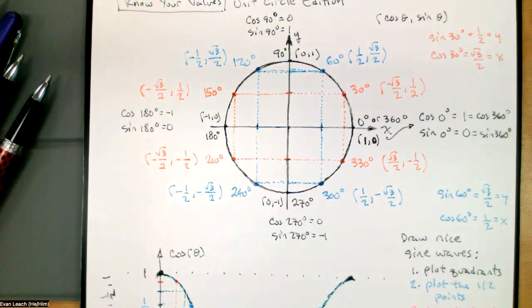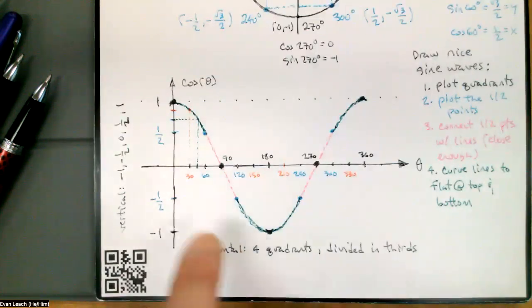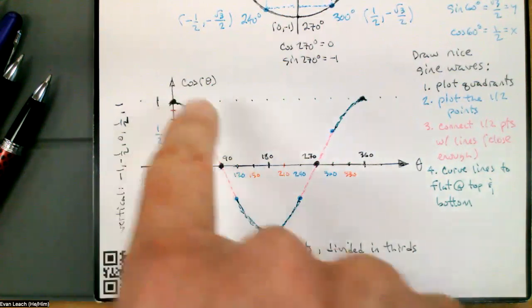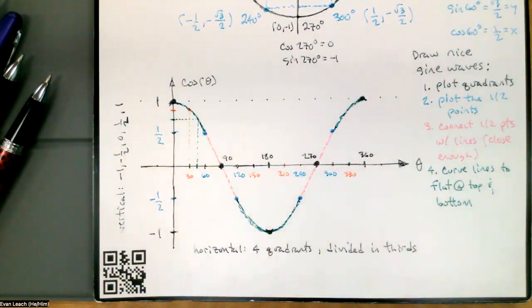Looking into the future, once we know these values really well, once we've got a good picture of how this graph is shaped, we can start making adjustments to it. So we look at this graph and we see this sine wave going on, and we can start making adjustments to it.